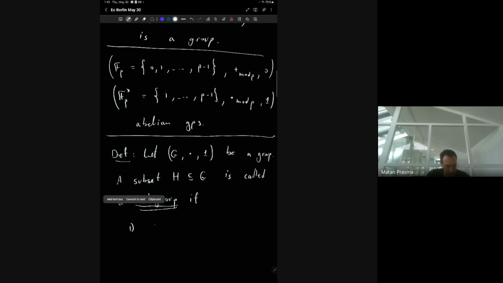One is that the neutral element has to be in the candidate to be a subgroup.